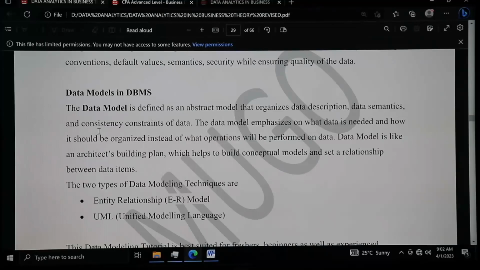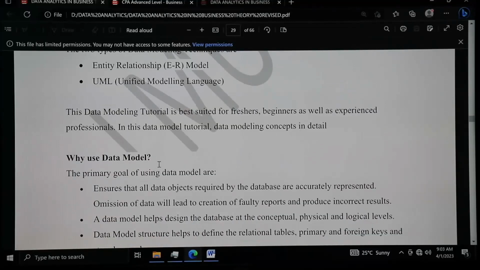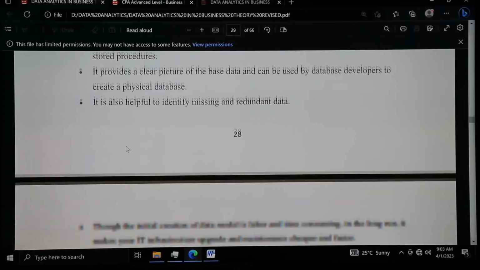So a data model is defined as an abstract, non-physical model that organizes data descriptions and shows how the database will look. They are actually the building blocks. It is an architecture: before a database is built, you must create that architecture of the database, the design of the database.